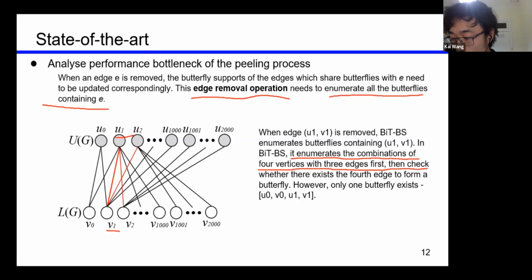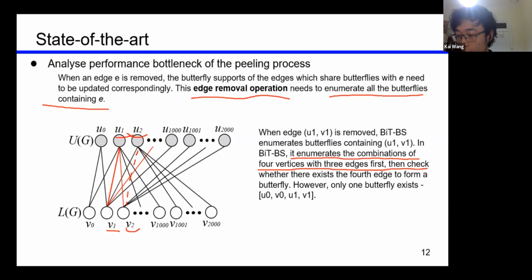For example, firstly, we check U1, U2, V1, V2, and the algorithm checks whether U2, V2 has an edge. The answer is no. And then it checks U1, U3, V1, V2.